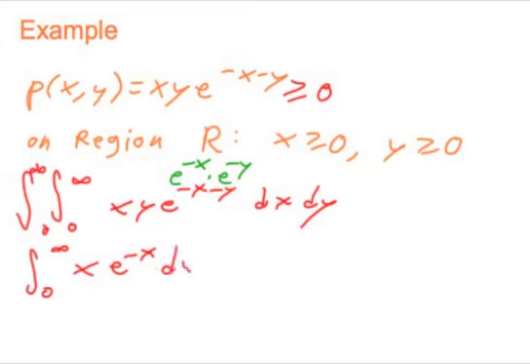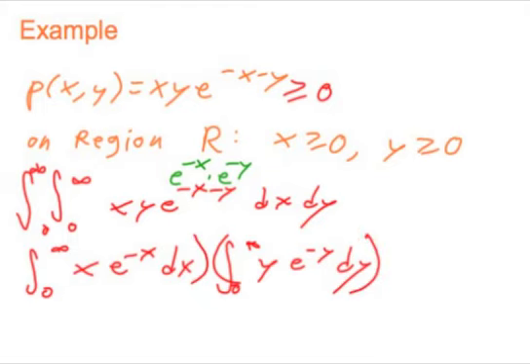So our first integral, multiplied by our second integral, 0 to infinity of y e to the negative y dy. Notice these two integrals are really exactly the same thing, so we can reduce it down to one integral squared. That saves us a little bit of work.